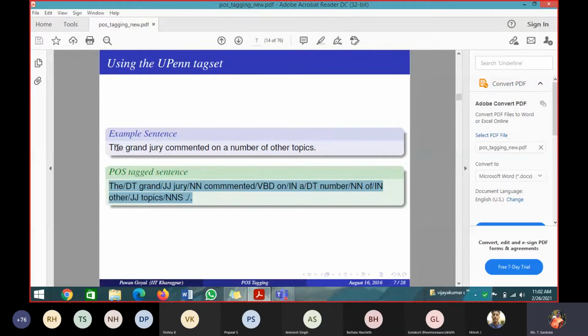Each word has 5 possible POS tags, and there are 10 words in this sentence, so 50 possible tags. Among the 50, I have to select only the 10 correct ones, one for each word.